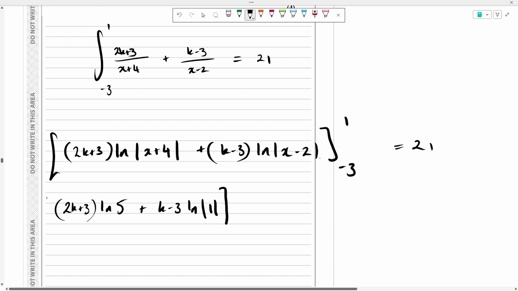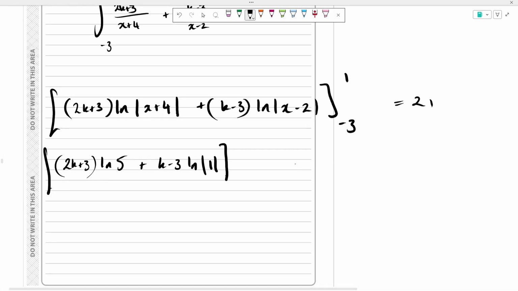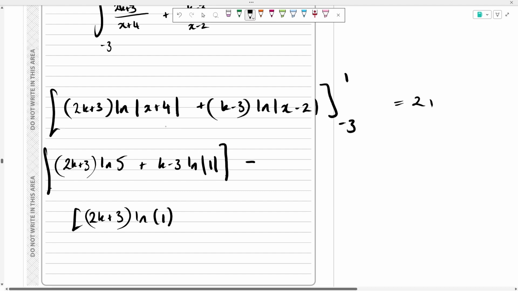Okay, and then I can apply the same rule with the minus 3: minus 2k plus 3 ln of minus 3 plus 4, which is going to be 1, plus k minus 3 ln of minus 3 minus 2, that gives you ln of the modulus of minus 5, which is just 5. Okay, and I'm just going to remove the brackets here like so.